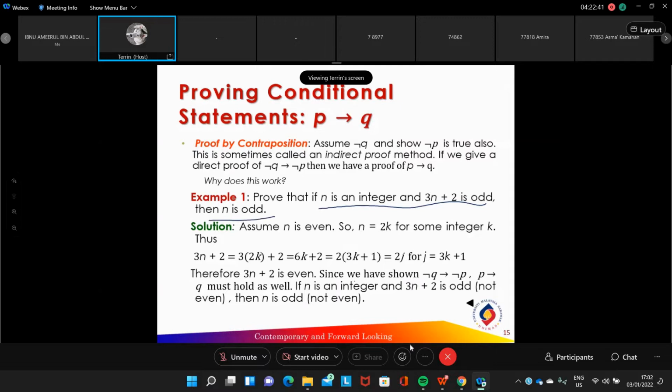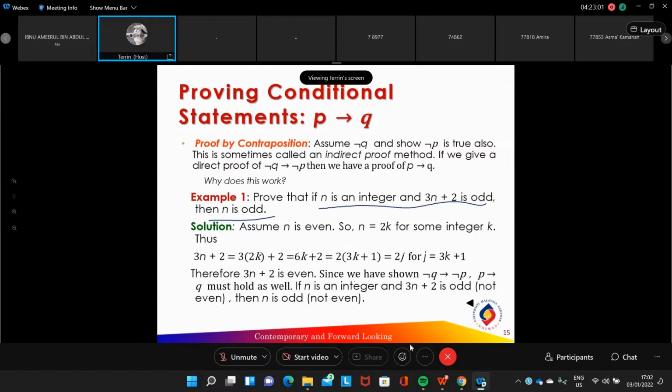So how are you going to show n is odd? You don't know where to start from because that's your Q. So the best way to do is to use a contraposition or an indirect proof. Direct means P implies Q, indirect means to get the opposite conversely, right? So here is very straightforward, isn't it? So it's the same case.